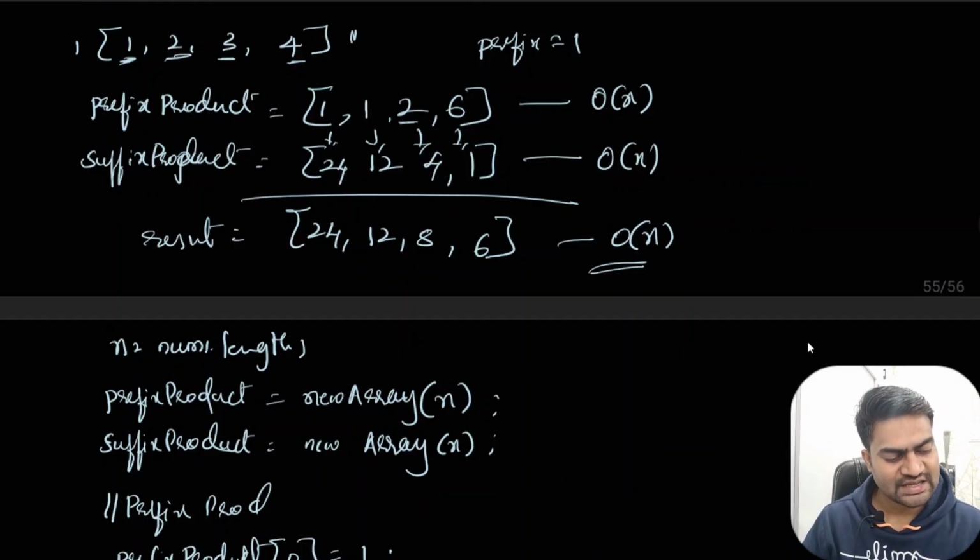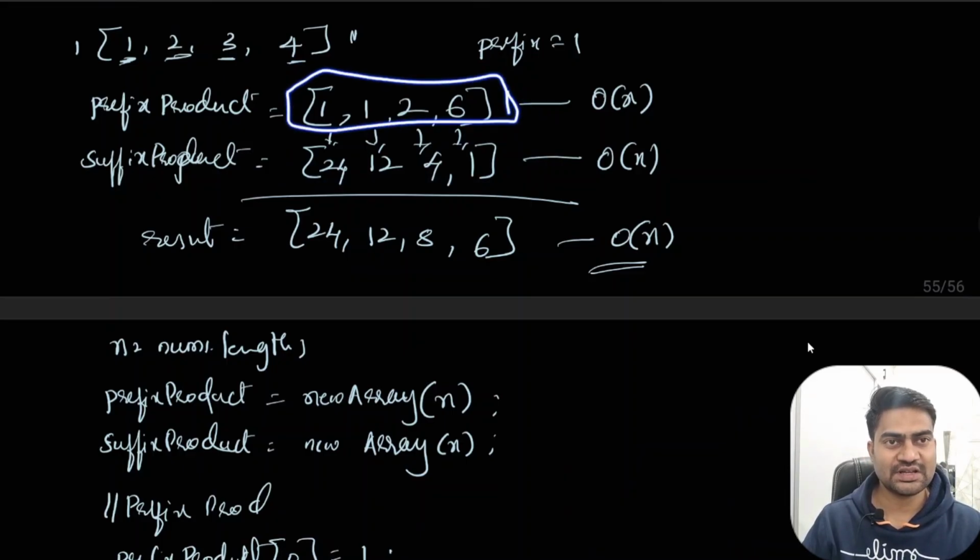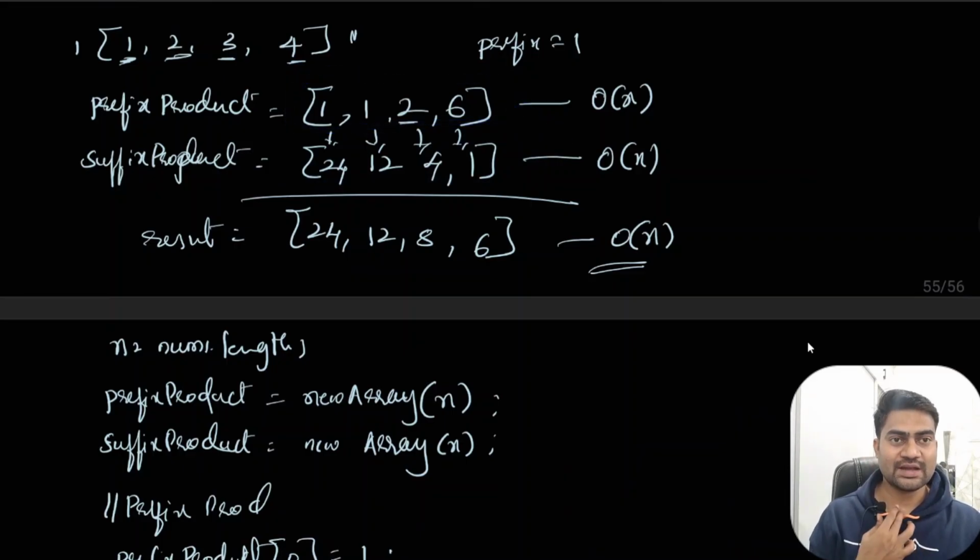So do we really need this particular iteration, or do we really need this particular iteration? What I'm trying to say is, once you find the prefix product, then if you are trying to find the suffix product, you really don't need a separate array, right? You simply multiply.